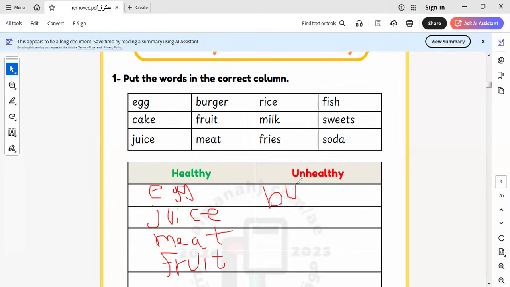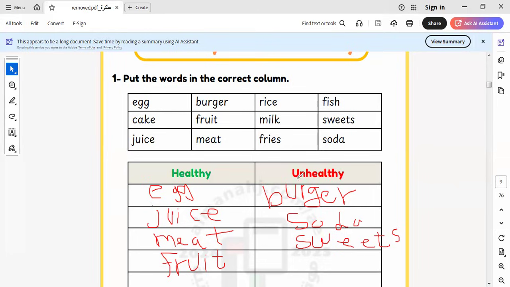Is a burger unhealthy or healthy? Burger is unhealthy, so I write here burger is unhealthy. Soda is unhealthy. Sweets more than usual will be unhealthy. If we eat it once a day, or once a week, or things like this, yes, but don't eat it more than usual.